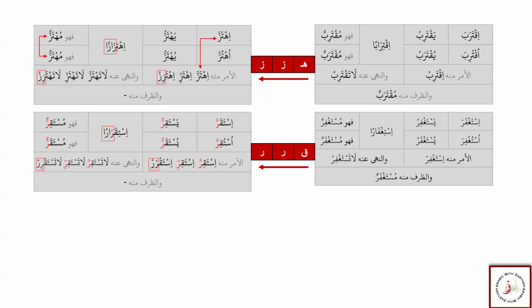Then we have the Ittaraba family. We put Ha, Zaza. You can see here Ihtazza. It was Ihtazaza, so it becomes Ihtazza. Yahtazzu. Fusing here.